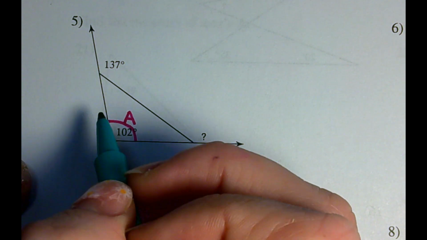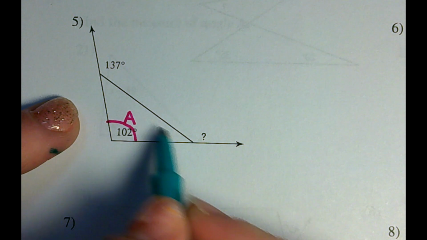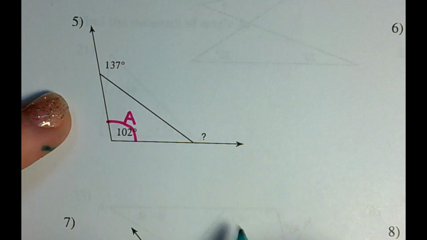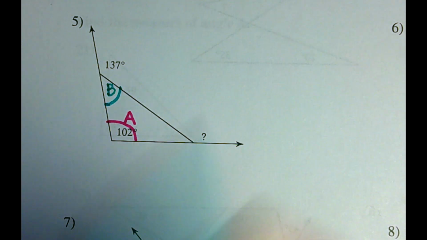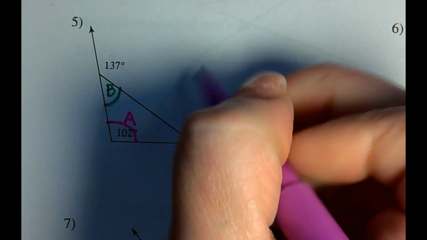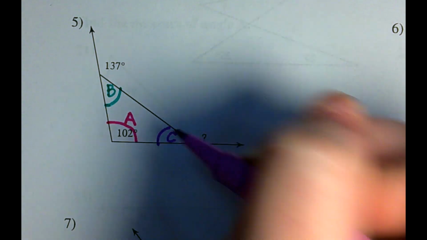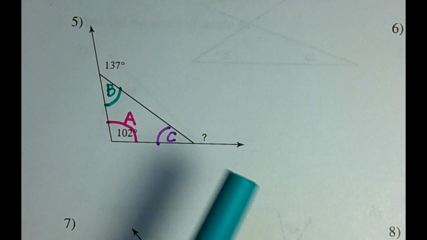No, I did all my A, B, C for my interior. Okay, so your B, did you do the one to the right or on top? I did C, the one to the right. Okay, so this was your B, on the inside, and then your C was over here. So I'm just gonna label all of these so that we can see what's going on. A, B, C, and then which one did you choose for D?